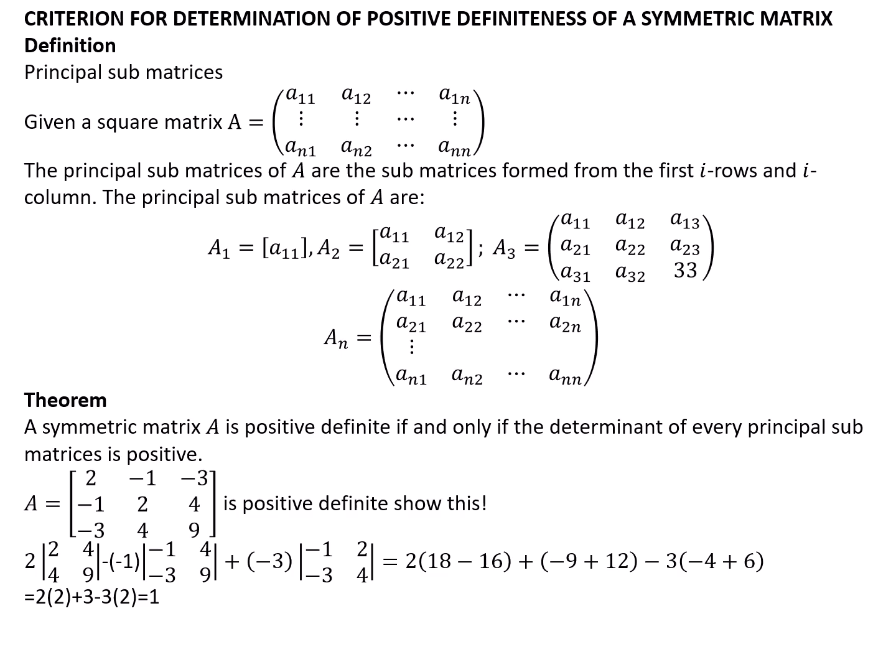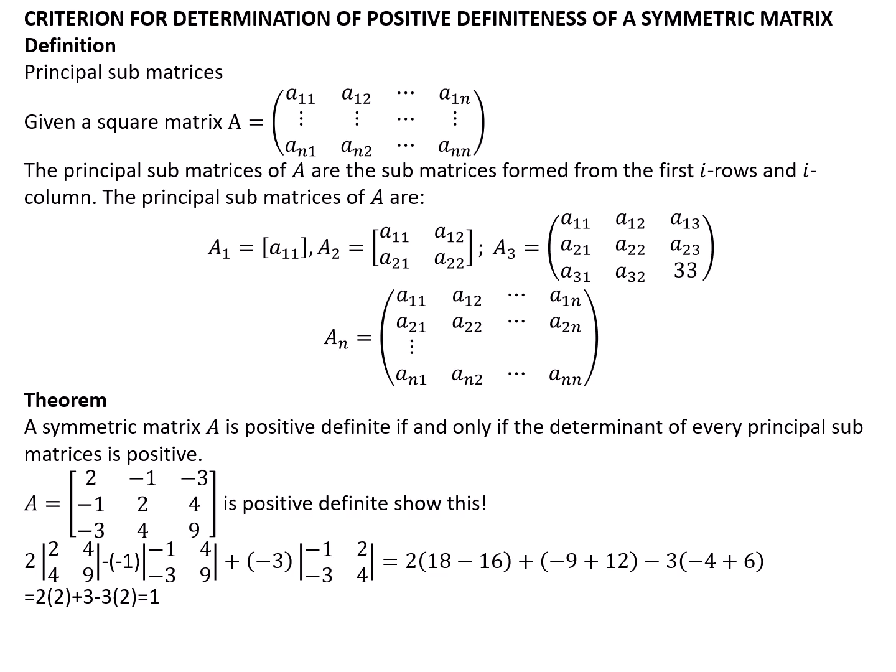Look at the third one on column 3. You have -1, 2; -3, 4. When you find the determinant of this submatrix, you will have -4 plus 6, which will give you 2, which is positive.